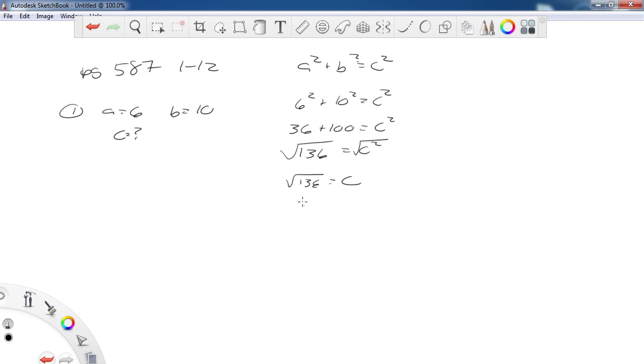Definitely goes with 4. So the square root of 4 times the square root of 34. I don't know if 34 can be reduced at all. Yeah, it might be the end.